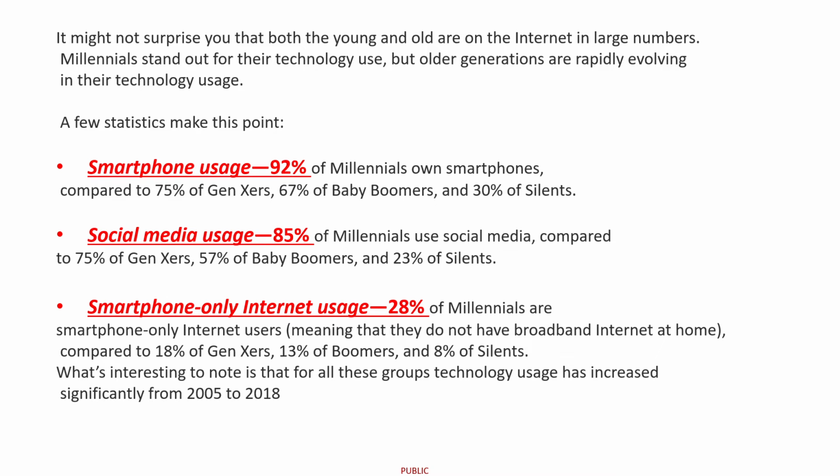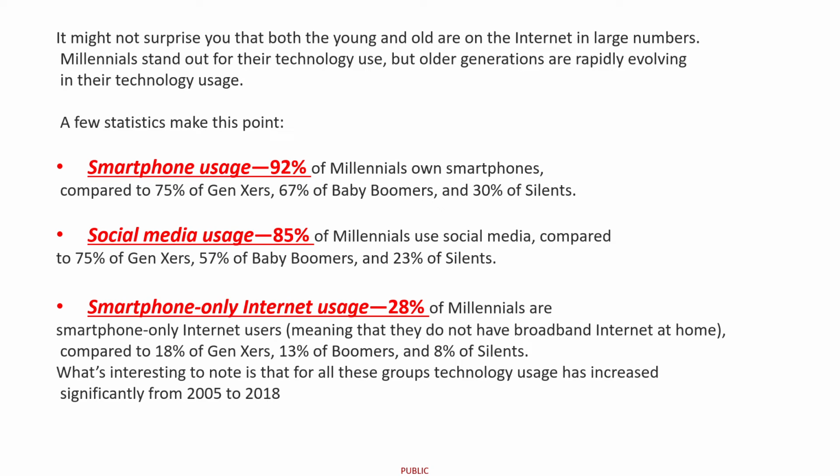It might not surprise you that both the young and the old are on the internet in large numbers, and the millennials stand out for their technology use. But older generations are rapidly evolving in their technology usage. A few statistics make this point.